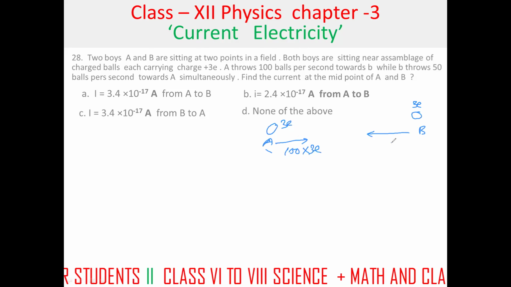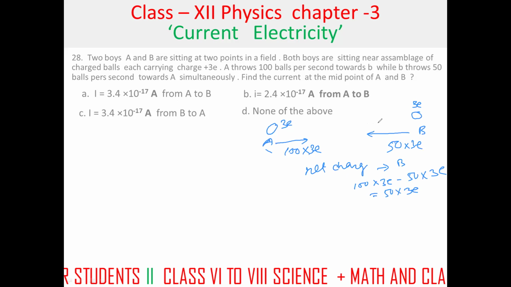And B is throwing 50 balls, so more charge goes from A. The net charge flowing towards B is 100 into 3e minus 50 into 3e, that is 50 into 3e charge moved towards B.